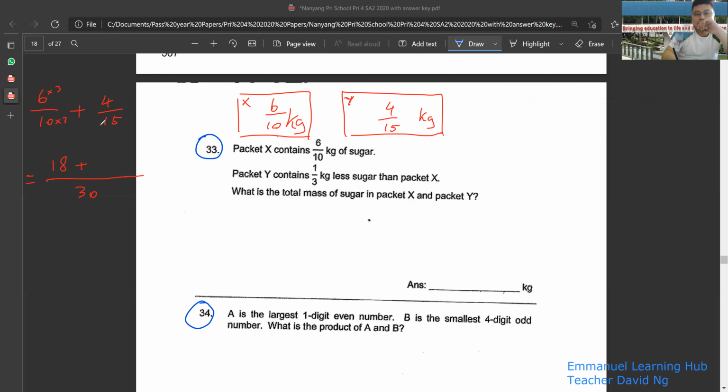But on top you say times 3. Times 3 is for this one. This one times 2. It's not everything times 3, you know. Because different denominator. Get it? This one times 3 is because 10 times 3 is 30.